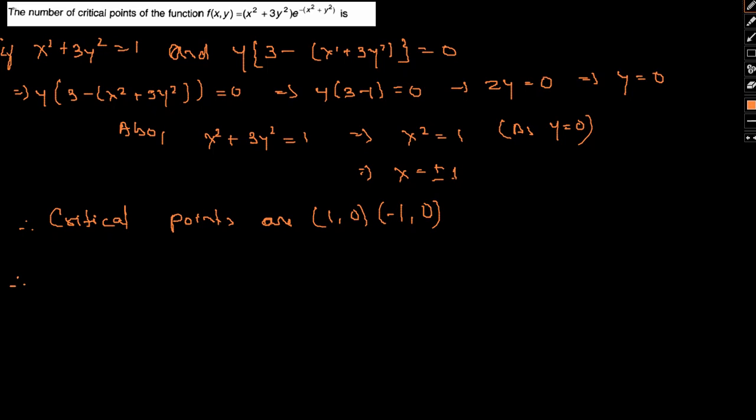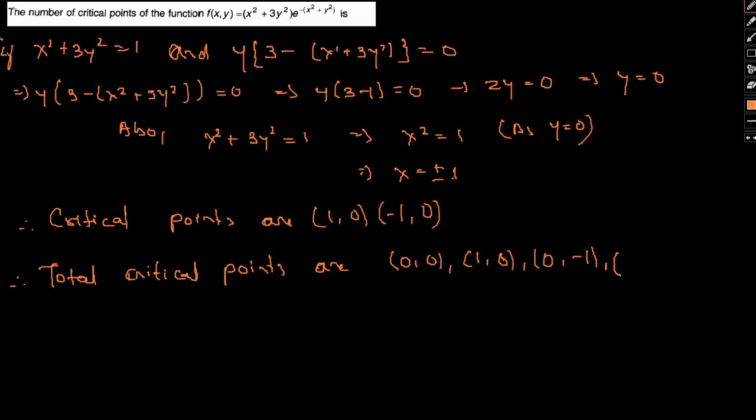So therefore total critical points are (0, 0), (1, 0), (0, minus 1), (0, 1) and (minus 1, 0).